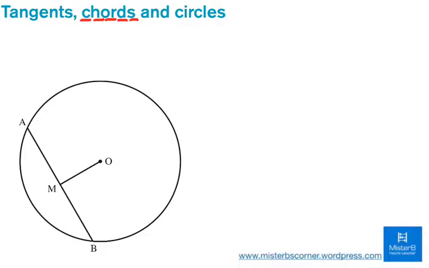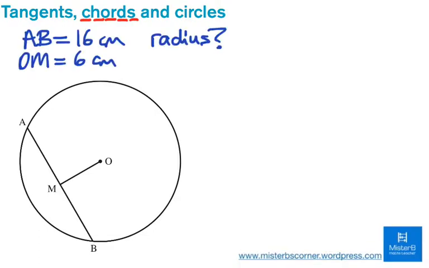So they can ask anything that you can find with Pythagoras. For example, the length of the chord AB is 16 centimeters, whereas OM here is 6 centimeters. So find the radius. Well, the radius is here. If you want, you can draw the radius here, it doesn't matter. And you can use any of those right triangles you'd like.